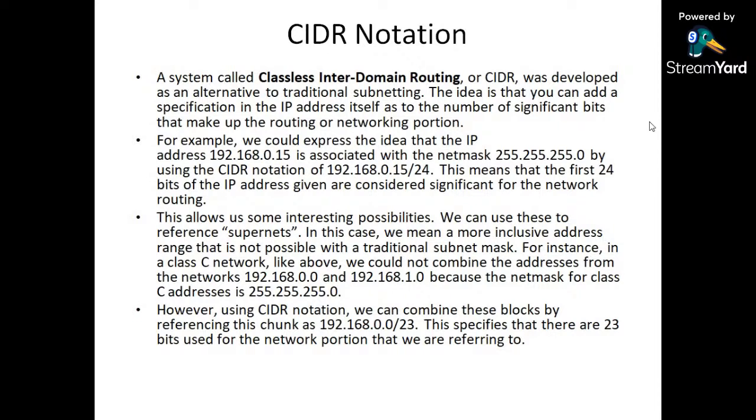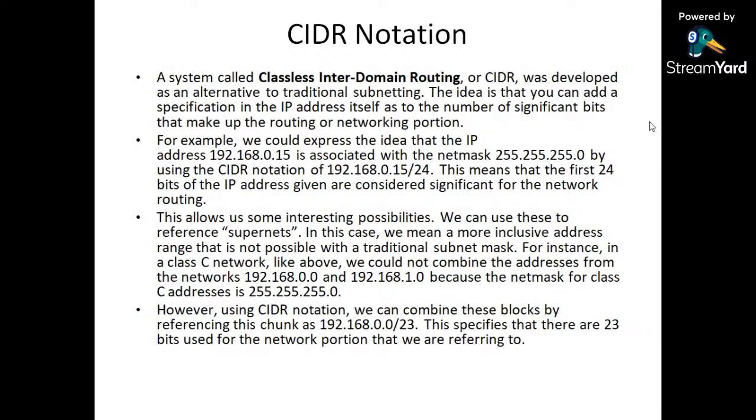Using CIDR notation, we write the address with a slash and the number of bits, /24. This means the first 24 bits of the IP address are significant for network routing.